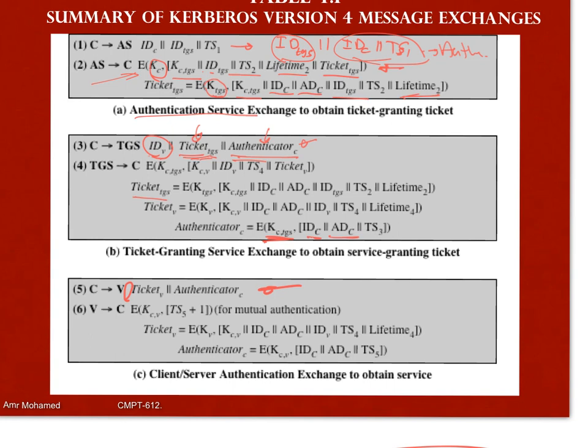So why do we need to have the ID TGS in the response and in the ticket itself? And if you notice here, the ID is not here, which we said why, because we don't want to request any further service from any other server. And here, this ID is not there.